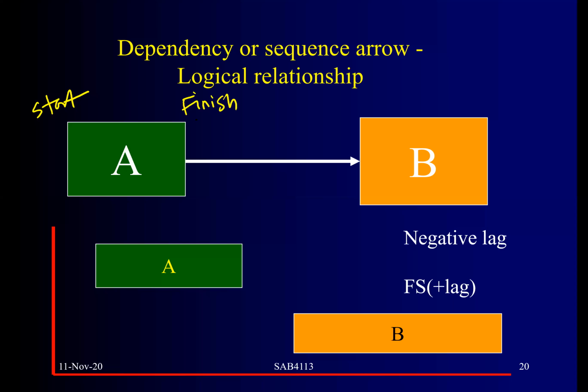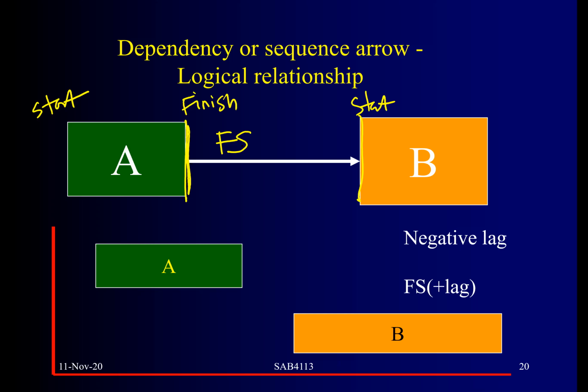When the arrow is coming from the finish and goes into the start, automatically the relationship shown is finish to start. Finish to start is one type of relationship which is very common. Normally in the construction industry, we use this type of relationship if the activities follow very closely with each other, interrelated activities.